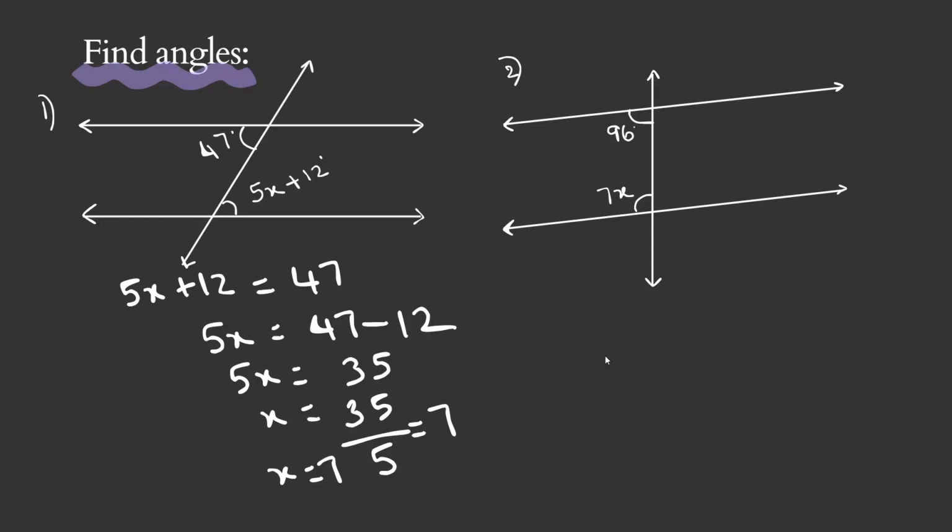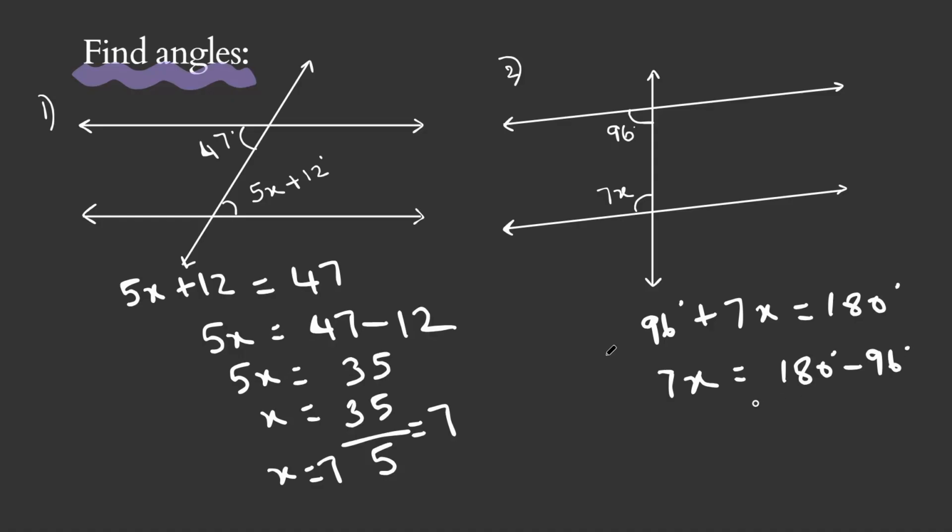As co-interior angles on the same side of a transversal add to 180 degrees, that means this 96 degrees plus 7x is equal to 180 degrees. Hence we can easily find that 7x is equal to 180 degrees minus 96 degrees.